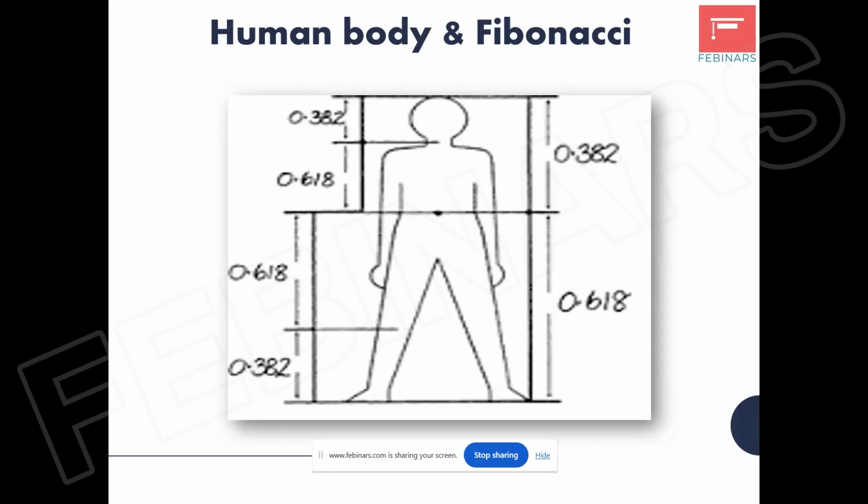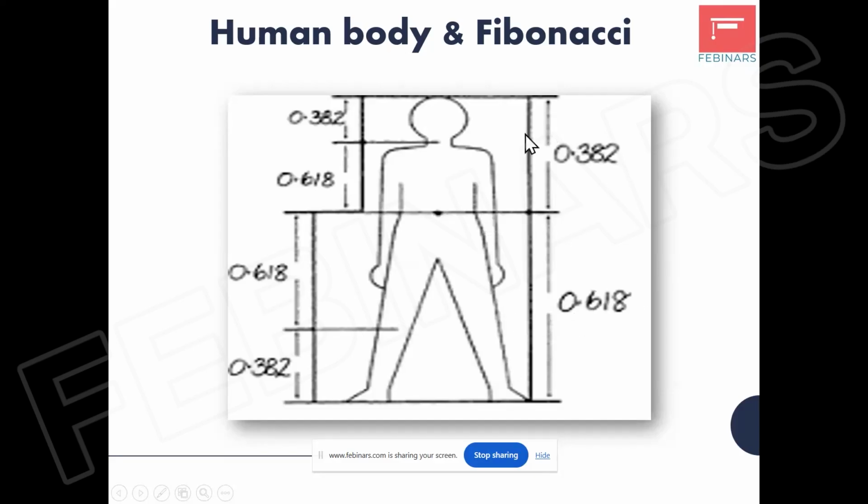Like the human body, any human being, you take it as a calculation from your head to your toe, it's 100%. From your toe to your waist, as we are seeing, it is 0.618, that is 61.8%.